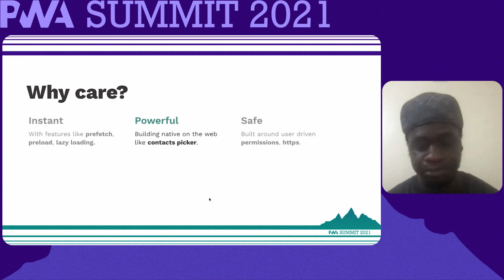So these are some of the approaches you could use to still keep the performance of your web apps at par. As much as these APIs are powerful, such as Contact Picker, they are built around safety, and there are some measures that have been put in place. The most common one, which is really important, is that browsers now natively, by default, require all websites or web apps to be served over HTTPS. That is the foundation.